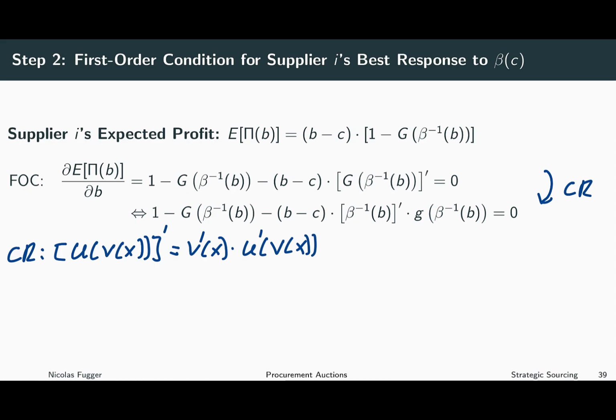Okay, and in our case we have that u is equal to g, and as a consequence u prime is given by the density, namely g, and we have that v is equal to beta to the power of minus 1, and here we just write that v prime is equal to the derivative of beta to the power of minus 1.